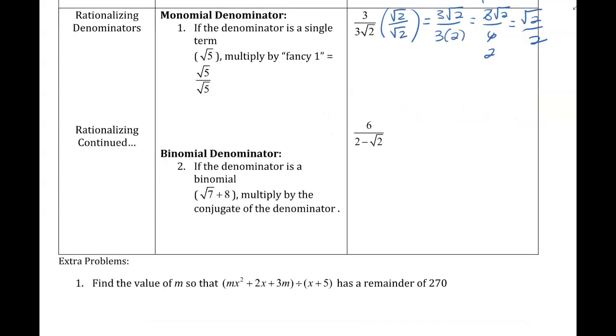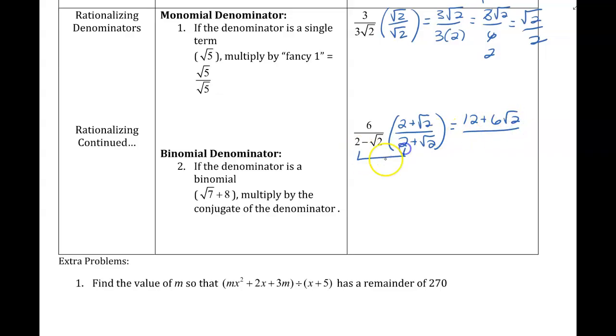When we rationalize with binomial denominators, we have to multiply the numerator and denominator by the conjugate, which in this case would be 2 plus radical 2 all over itself. So when I distribute out on top, I'm left with 12 plus 6 radical 2.